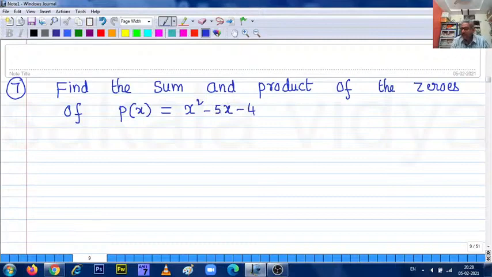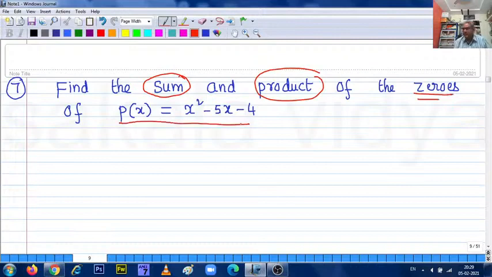Okay, in this question we are asked to find out the sum and product of the zeros of this polynomial.